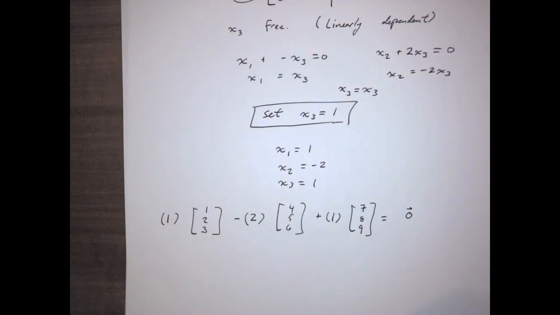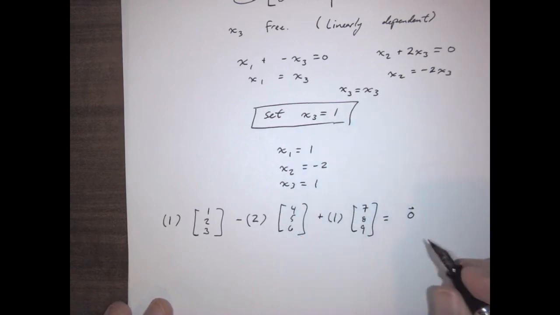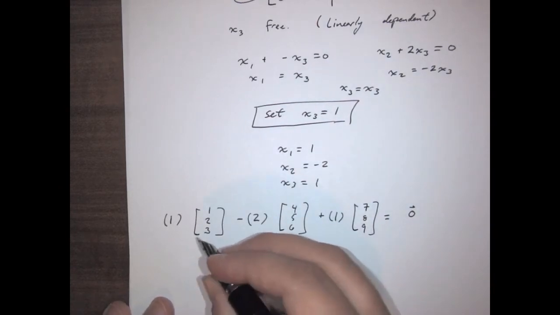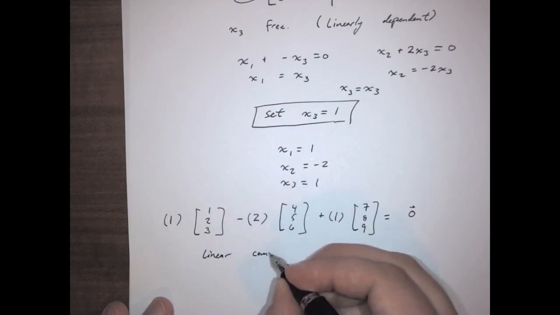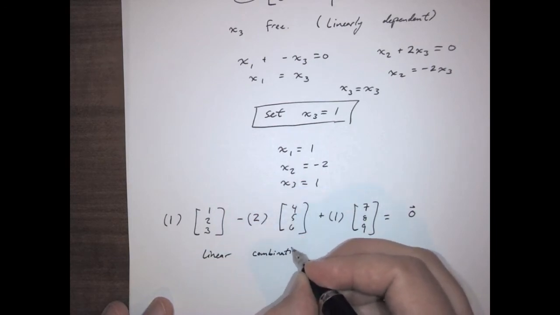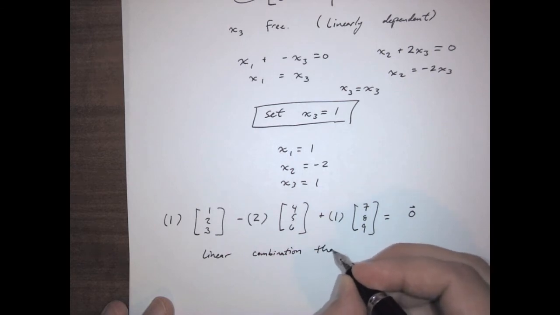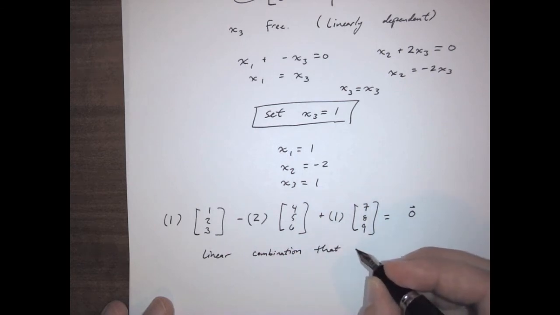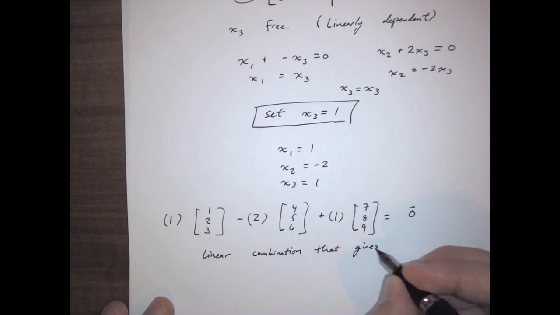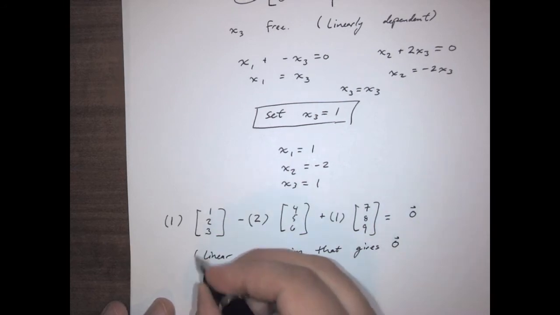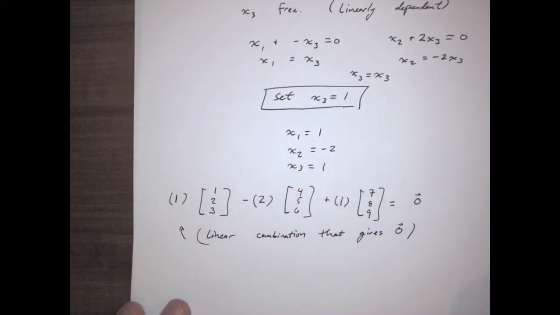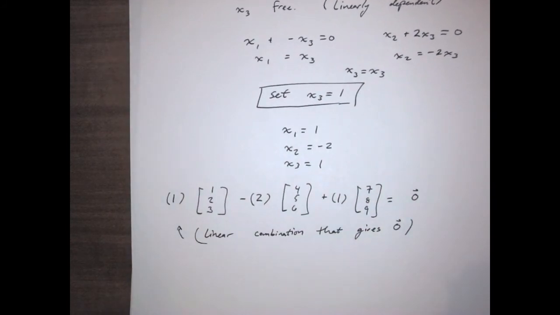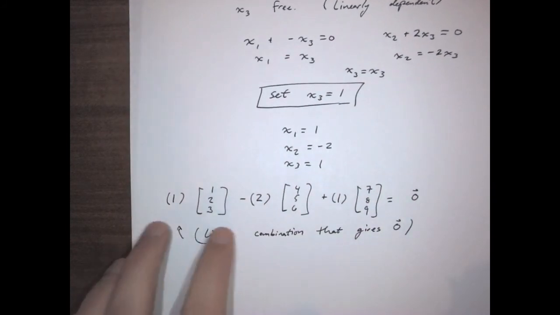So this is a linear combination that equals 0. Or if I am interested in writing one of the vectors in terms of the others, I can solve for it.